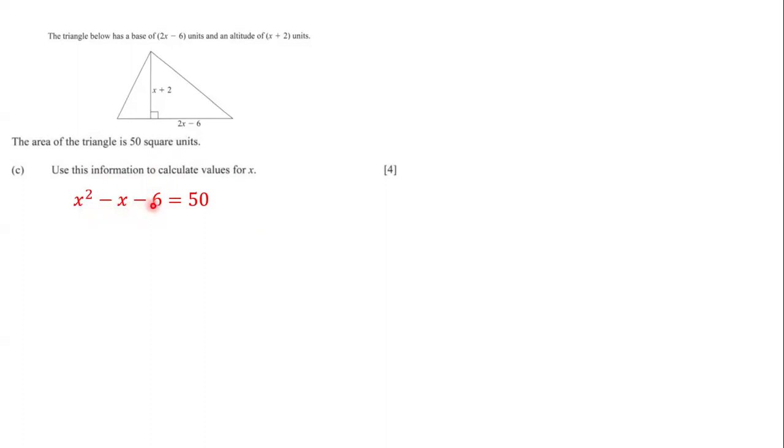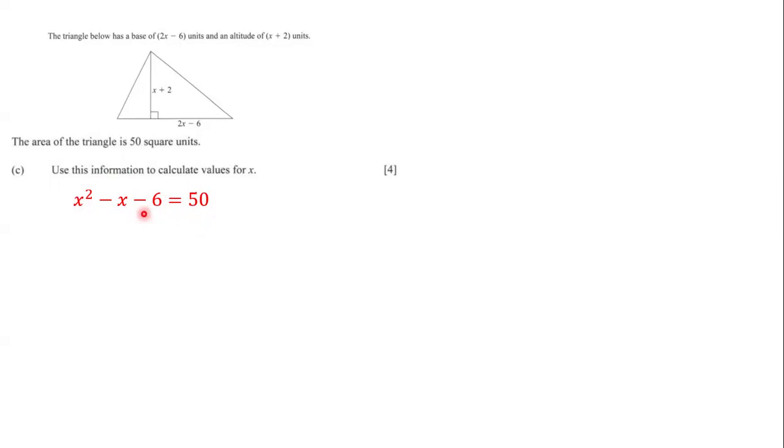And we know that the numerical answer for the area is 50. So we set the algebraic representation of the area equal to the numerical value of the area, because these two must be equal.